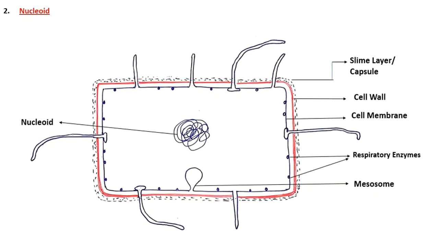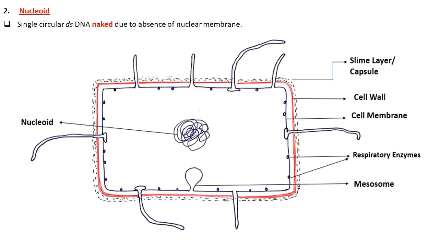Next is the nucleoid. Means it's not the term nucleus. In a prokaryote cell, instead of the term nucleus, we use the word nucleoid. Means the DNA or nuclear material is not bounded by a nuclear membrane, so it is called naked DNA. The nucleoid is represented by a single, circular, DS, for double-stranded, DNA.